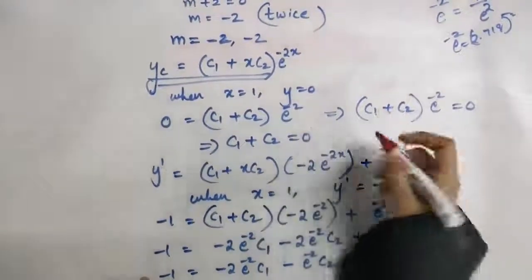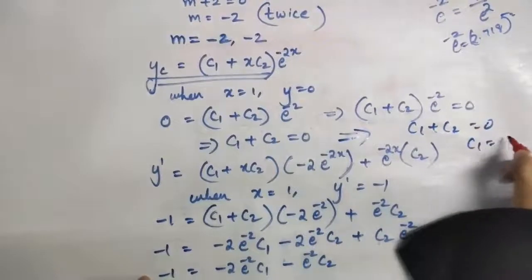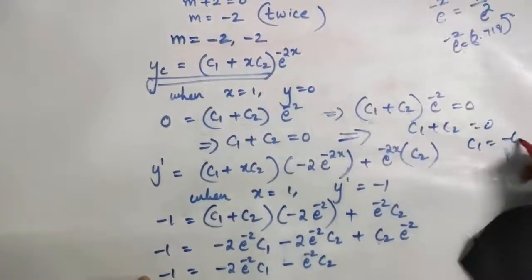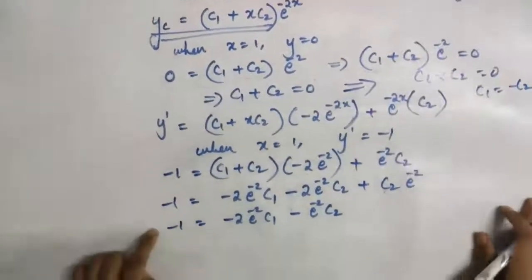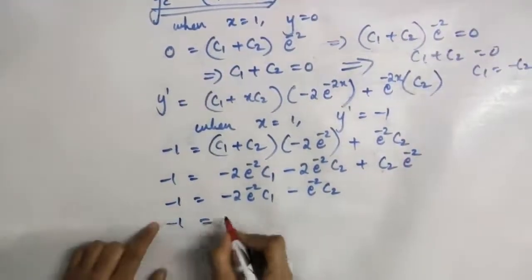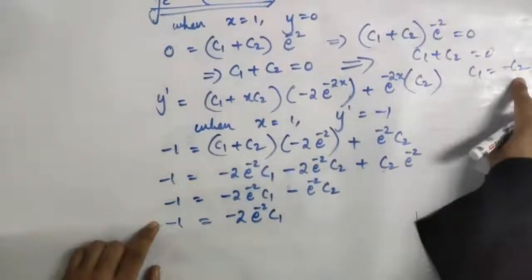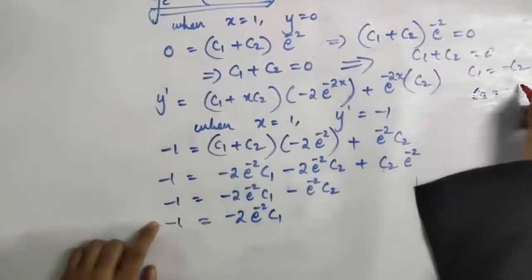And from this equation, look at this equation, c1 plus c2 is 0. So what is c1 from here? It is minus c2, right? So c2 is equal to minus c1.